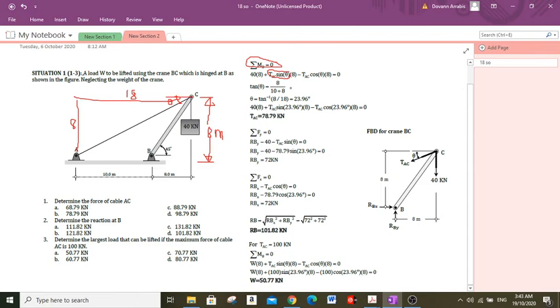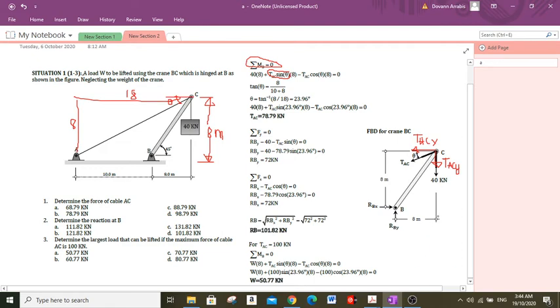TAC sine theta. Basically, this is the y component of this force, TACY, and this is TACX.